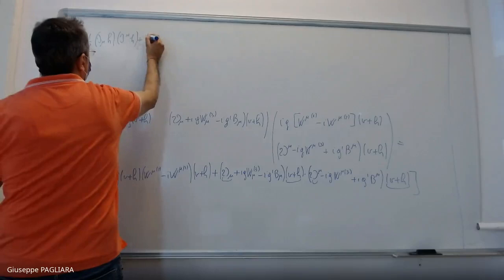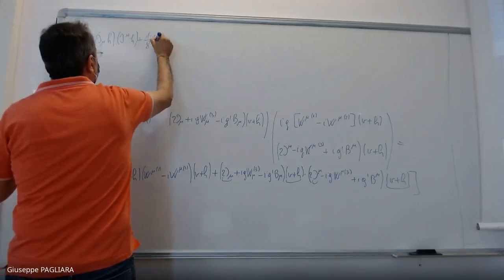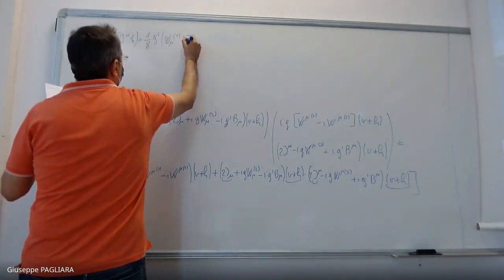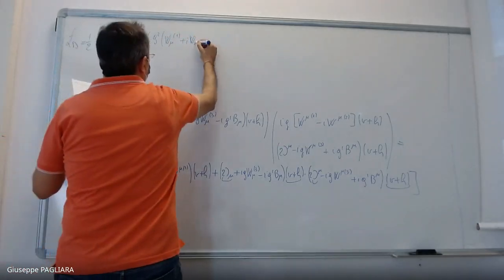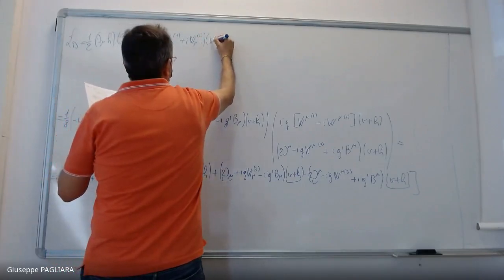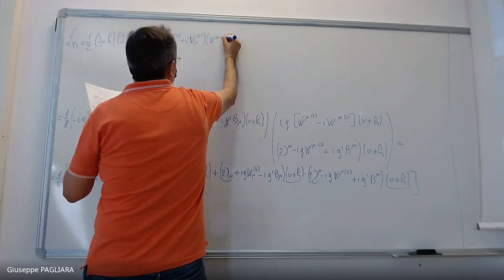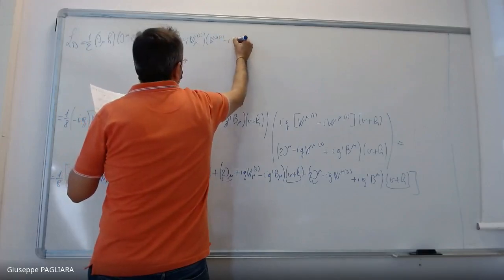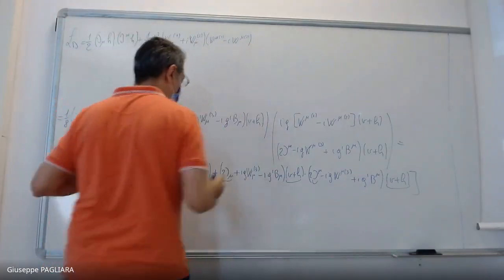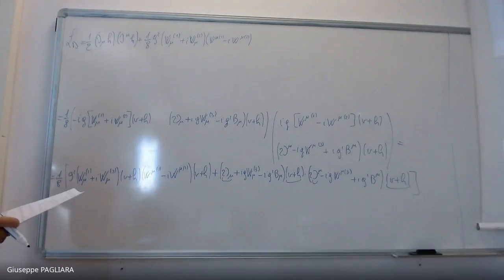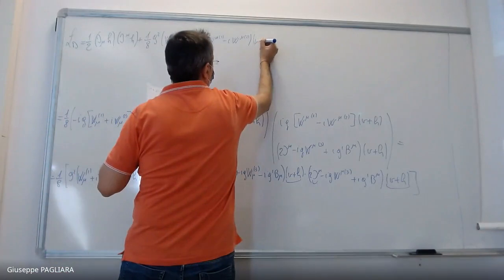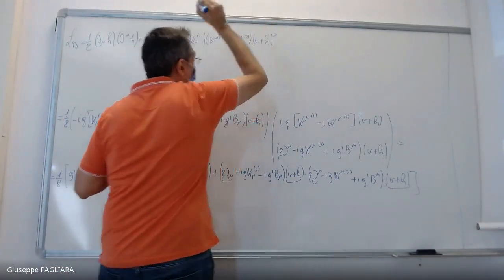So plus 1/8 g squared, W mu 1 plus i W mu 2, times W mu 1 minus i W mu 2. So this is this times this, and then we have to square this, times v plus H squared.